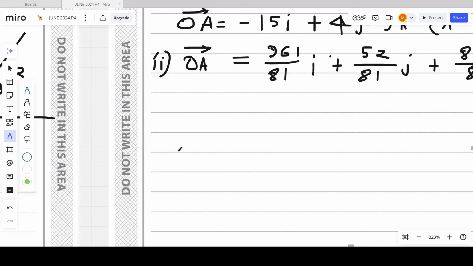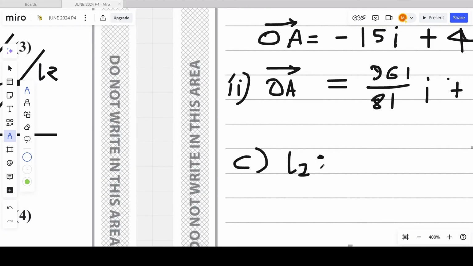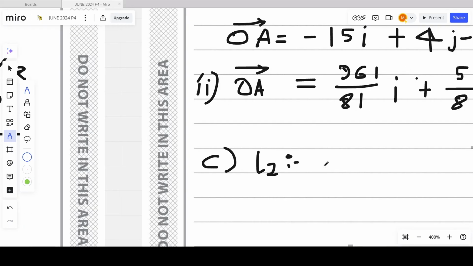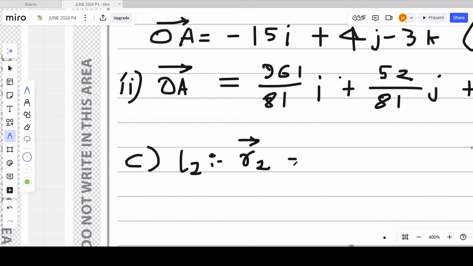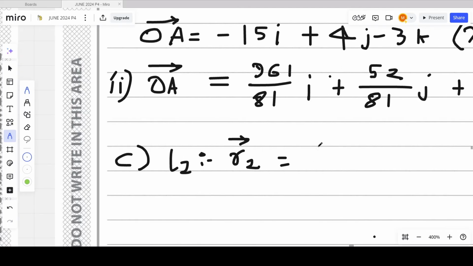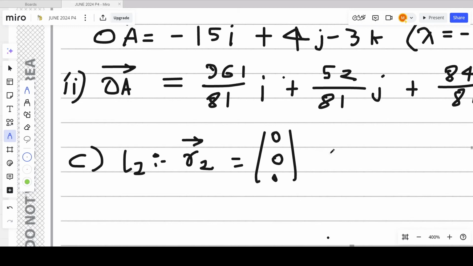For part C, the equation of line L2, since it passes through the origin, would be 0, 0, 0 plus mu times the parallel component. The parameter for L1 is lambda, so for this case we will consider mu.